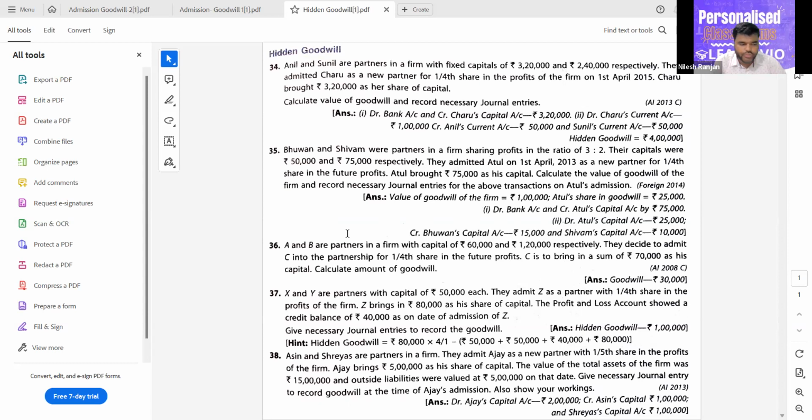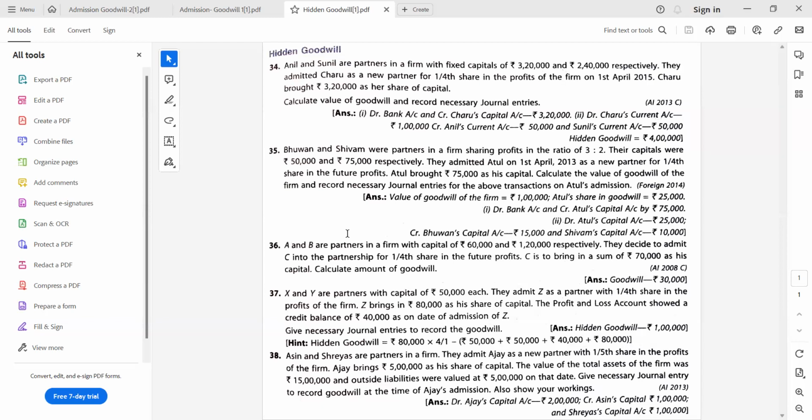Have you completed the solution? Yes, sir. So for the journal entries, what entries do we have to pass? First, for bringing capital, and the second, when they distribute goodwill, assuming that the new partner is not bringing any amount for goodwill.